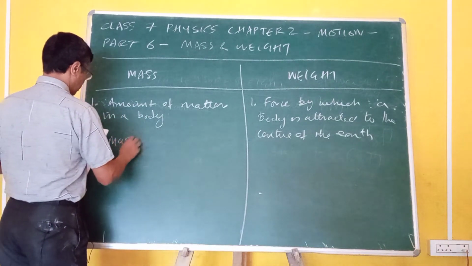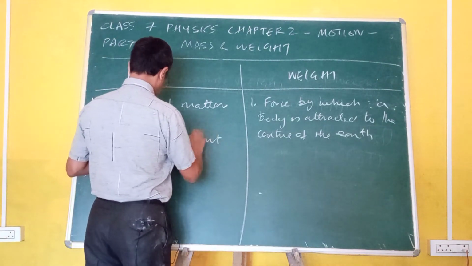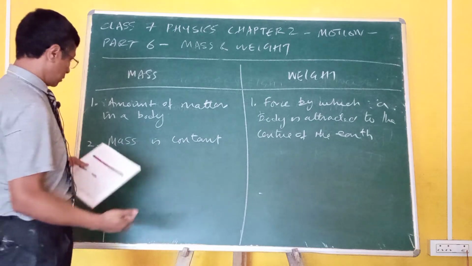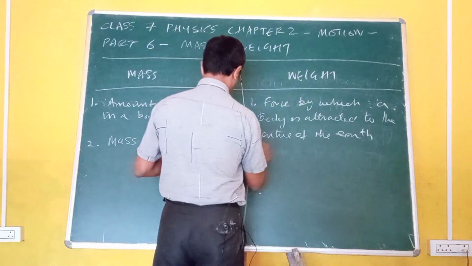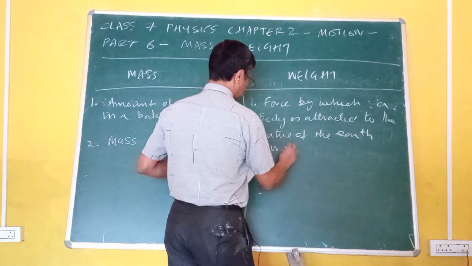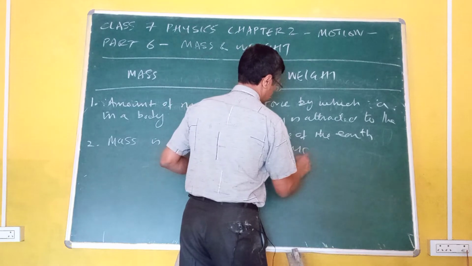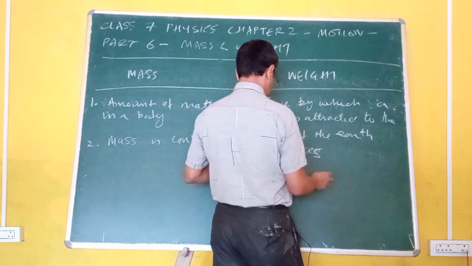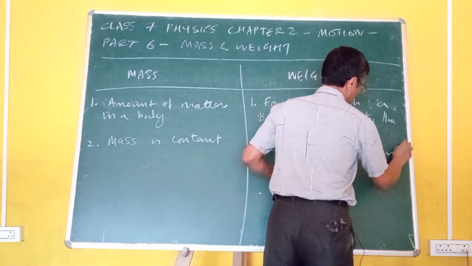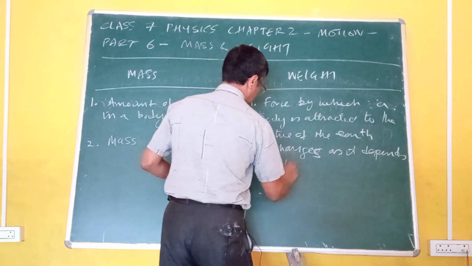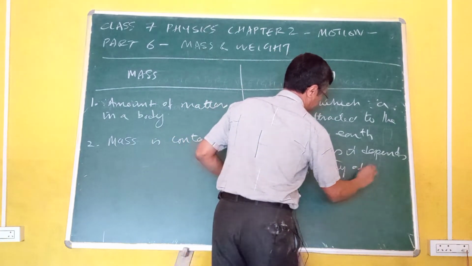Mass, as we learned in the definition, is constant and it does not depend on the position or the place where the body is placed, whereas the weight changes, as it depends on the gravity of earth.